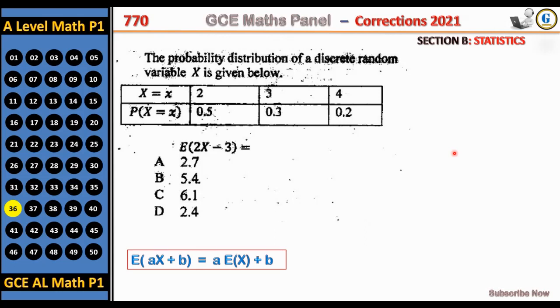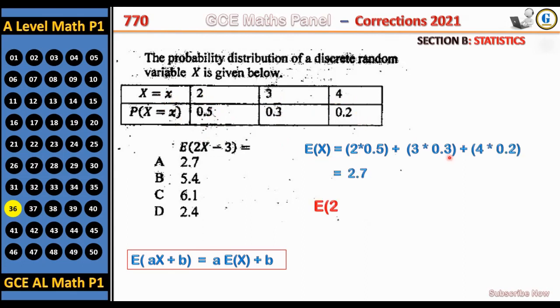Using this, we just need to get the expectation of x, which is the sum of xi times the probability of xi. So we have 2 times 0.5 plus 3 times 0.3 plus 4 times 0.2, and this gives us a value of 2.7. So the expectation of 2x minus 3 will be equal to 2 times 2.7 minus 3, and this gives us a value of 2.4.